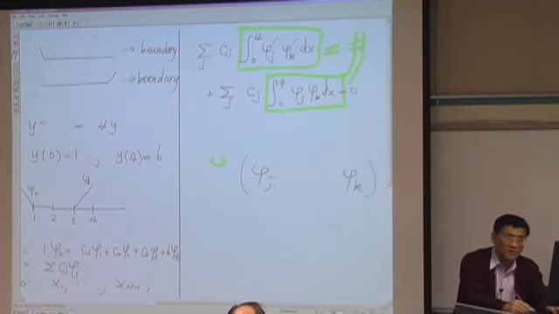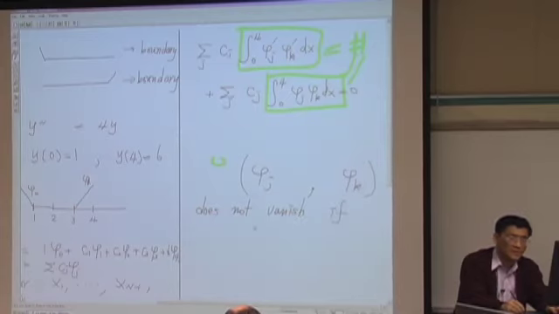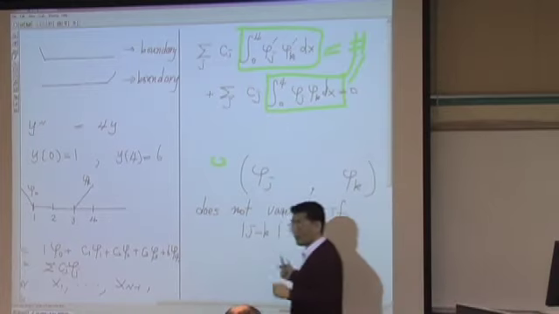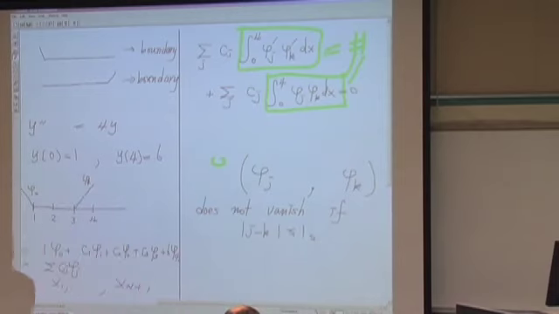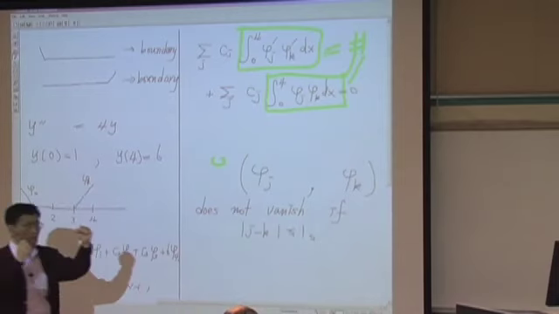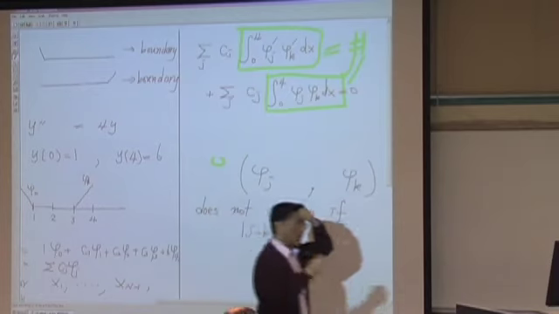So this pair does not vanish only if the difference of these two is 0 or 1, right? In other words, they are adjacent or they are the same. If they are 2 units away, what happens is this one.